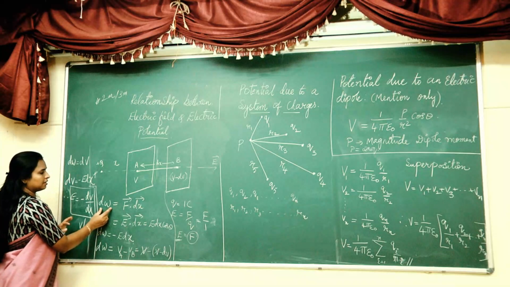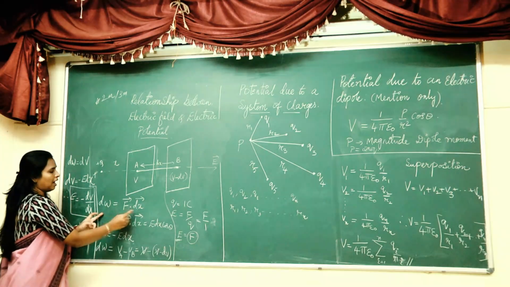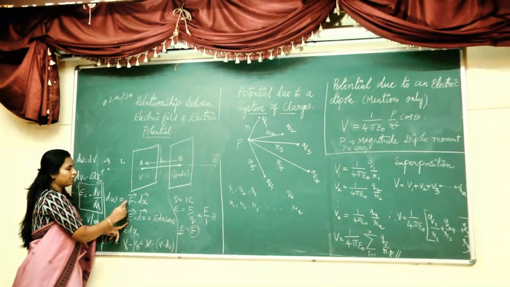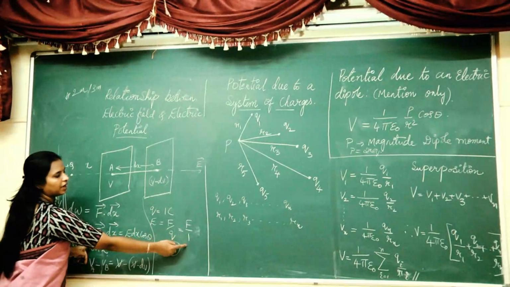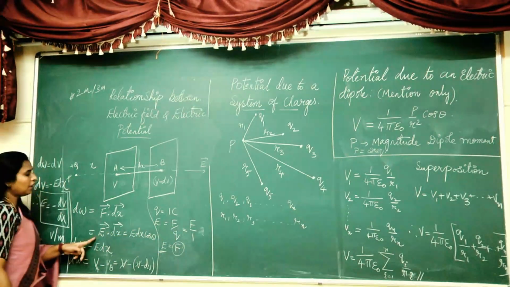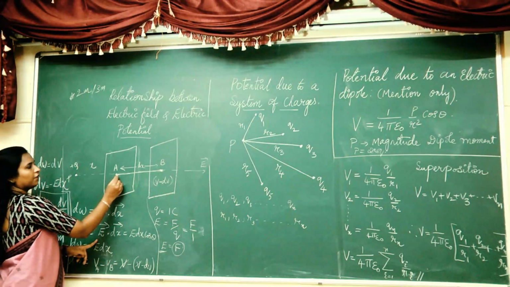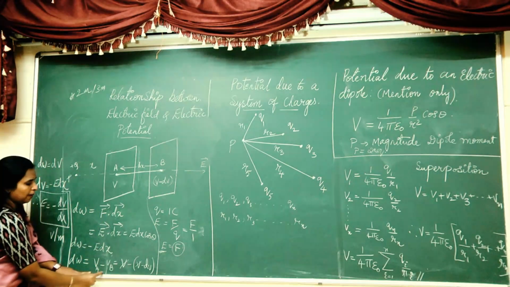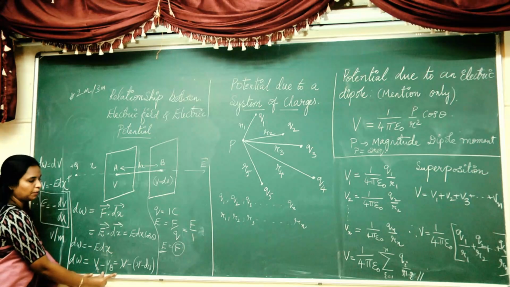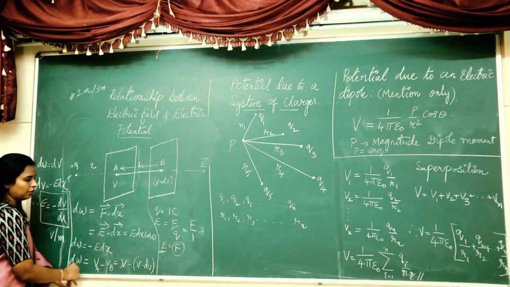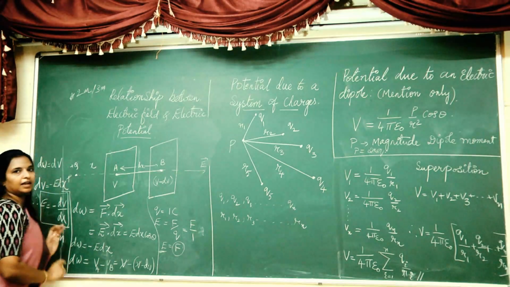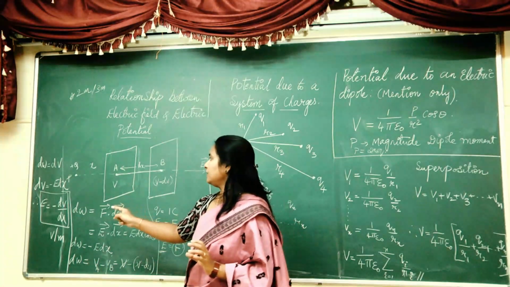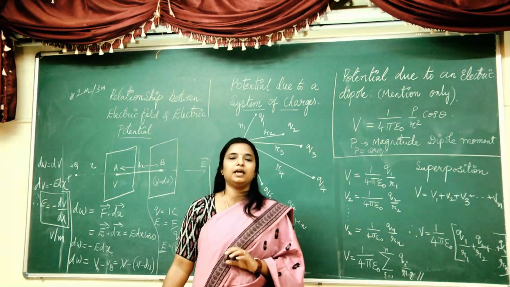And again we will consider the expression for work done, and in the place of force we will write the electric field, because the electric field is the force per unit positive charge. Now in order to move a unit positive charge from A to B, what we will write is VA minus VB. This is the difference in the potential, and in the place of dW we got dV, and the final expression for potential gradient, that is a negative potential gradient, is E is equal to minus dV by dx.